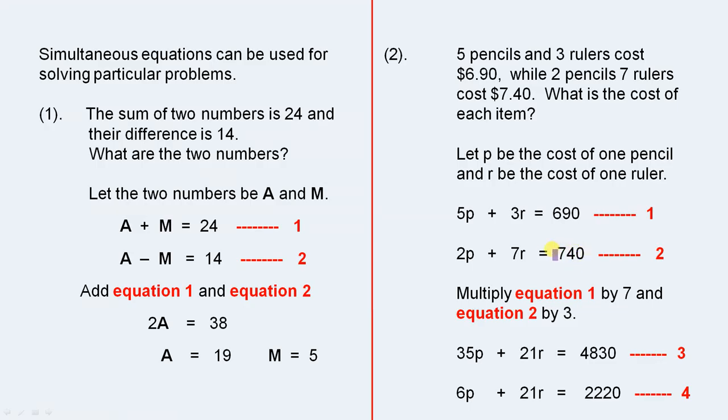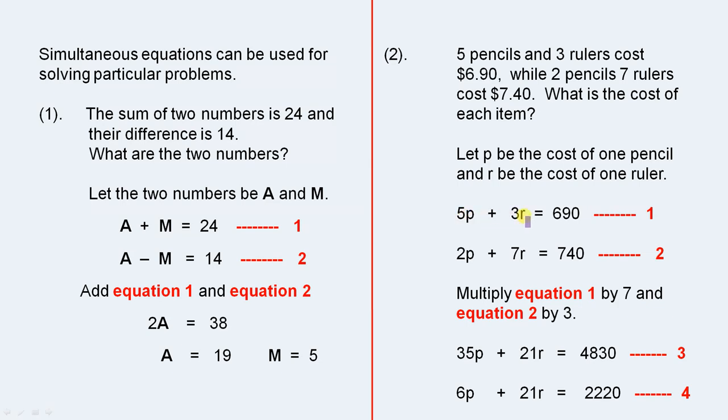So, as we saw in the lesson on solving simultaneous equations by elimination, we have to make those two numbers the same. So the way to do that is we multiply equation 1 by 7 because of that 7, and we multiply equation 2 by 3 because of that 3.